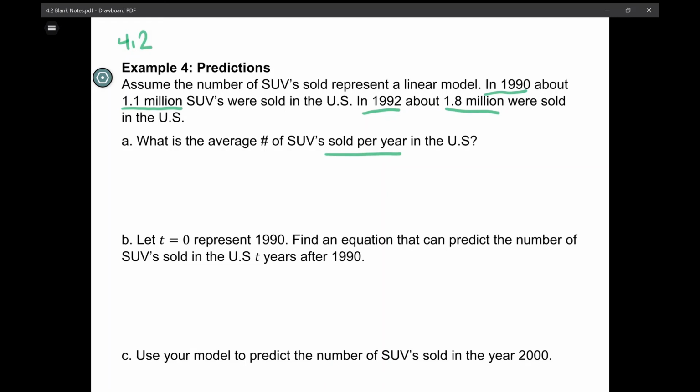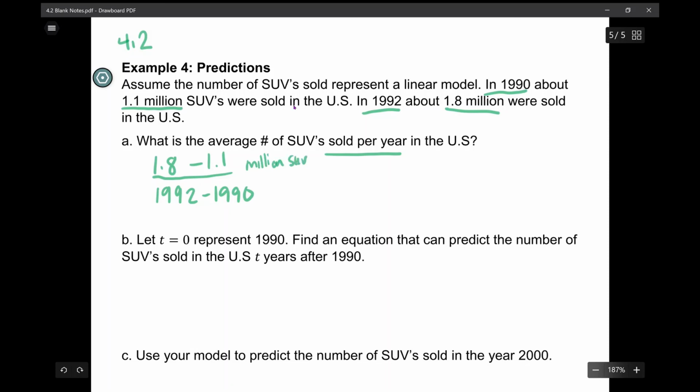So I'm going to do 1.8 million minus 1.1 million over 1992 minus 1990. So this is million SUVs over years.